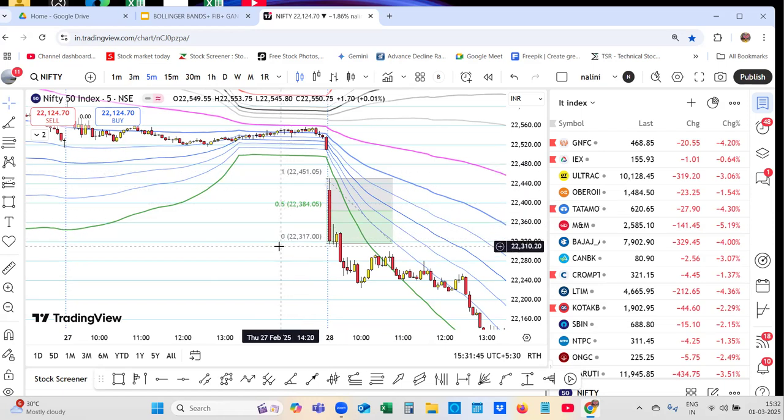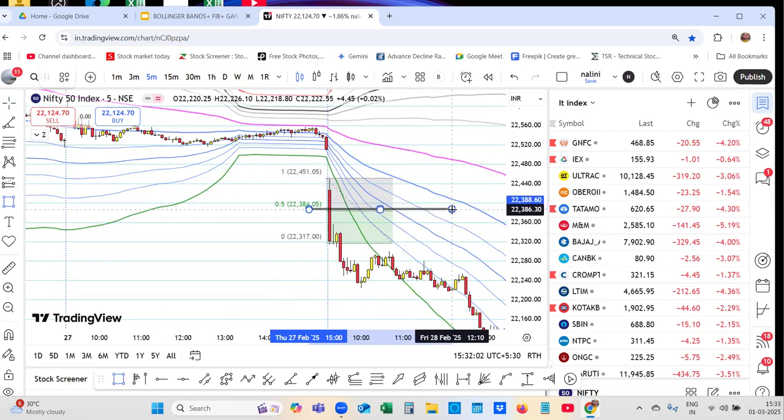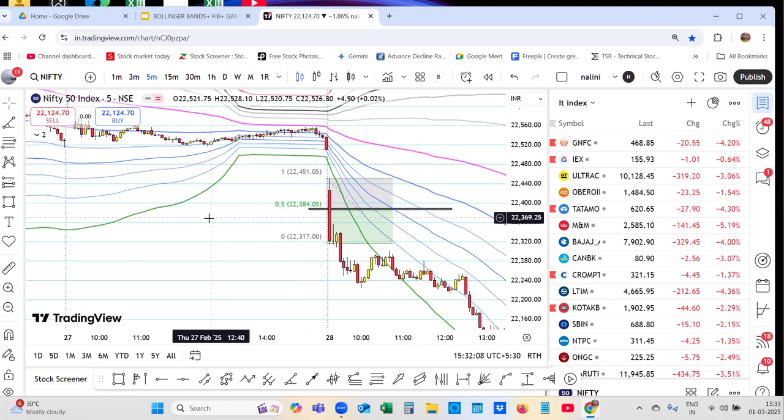I'm unchecking all the levels in the settings and making it a template. I'm using this template for my convenience, and this level, 22,384, is the pivot of this 5-minute candle.